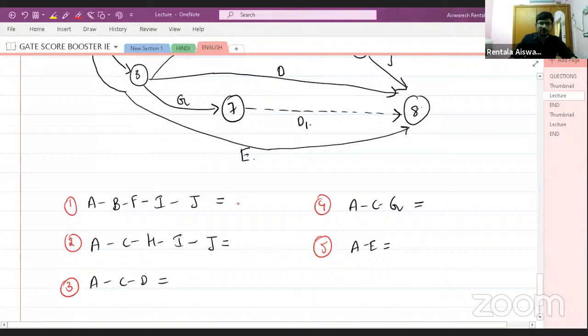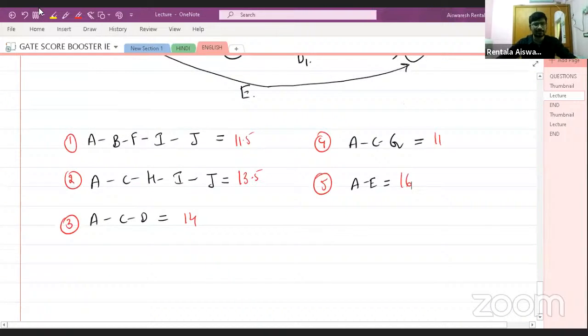Okay, so I'm getting values 11.5, 13.5, 14, 11, 6. Please confirm whether these values are correct or not. Okay, my mistake, it is a small screen. So the critical path duration will be equal to 14 days.